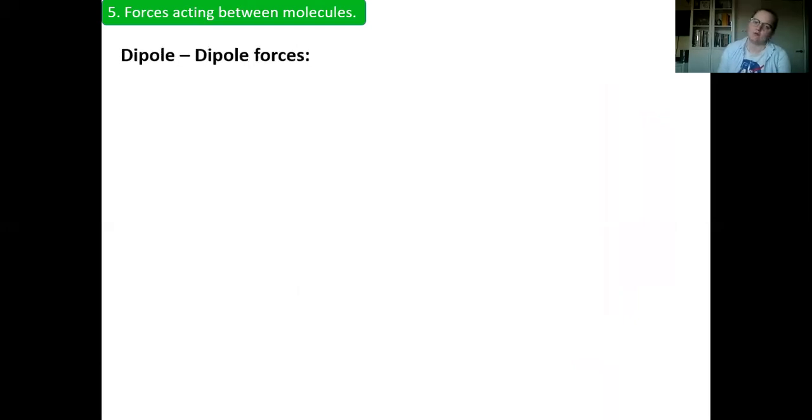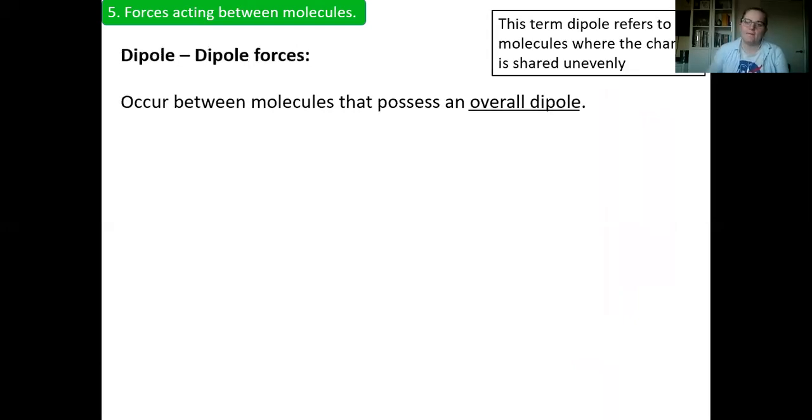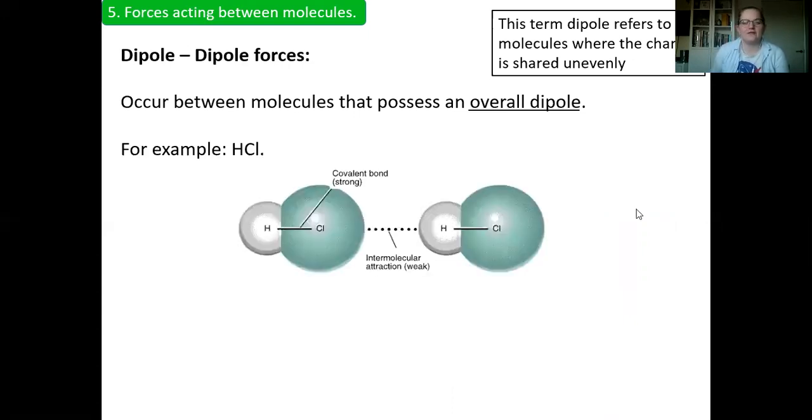Let's look at dipole-dipole forces. Dipole refers to a molecule where the charge is shared unevenly, so it's like that polar idea. These occur between molecules that possess an overall dipole. For example, HCl, hydrochloric acid. You can see here that we've got a molecule where our charge is shared unevenly.